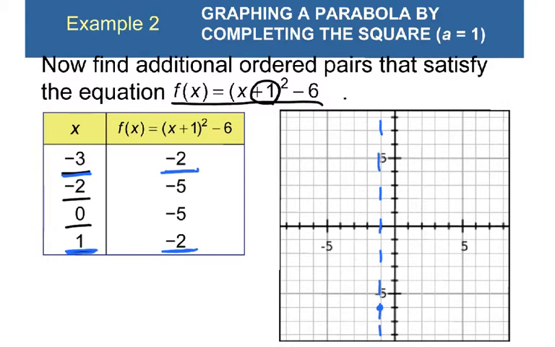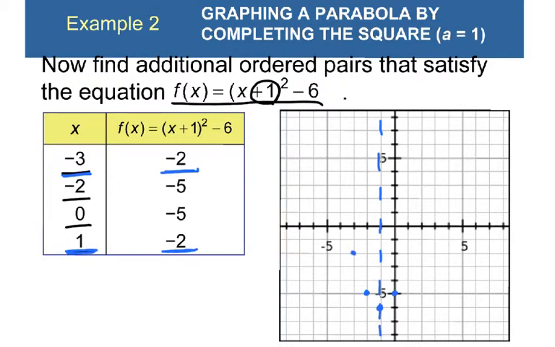So let's do that. Negative 2, negative 5. Let's look at that one first. Negative 2, right there. And then across on the right side of that is the mirror image of it. And then negative 3, negative 2.